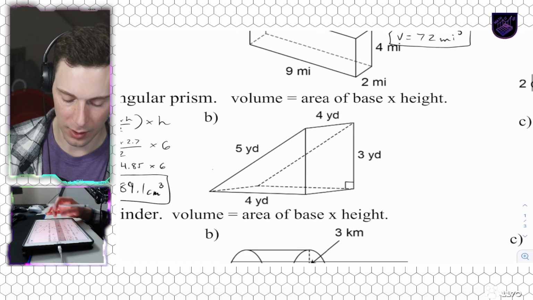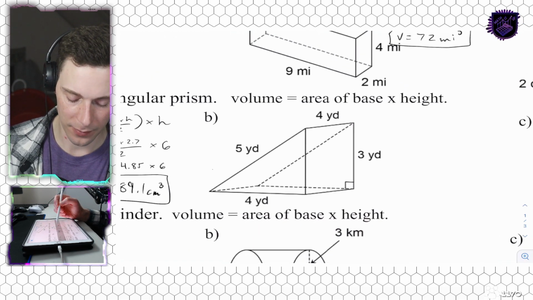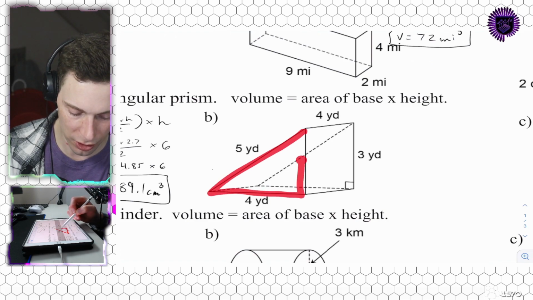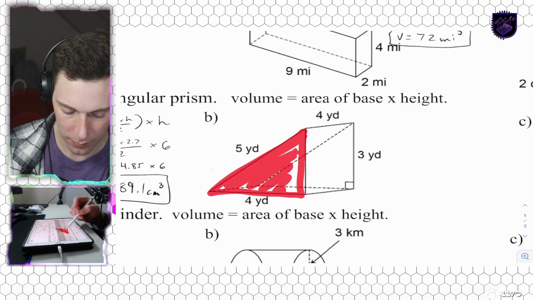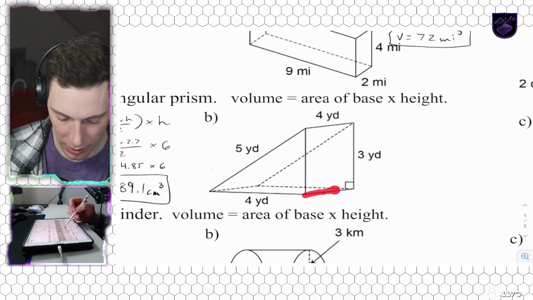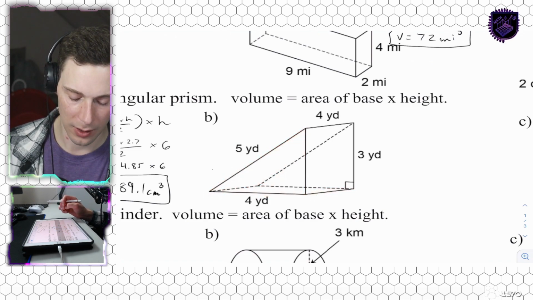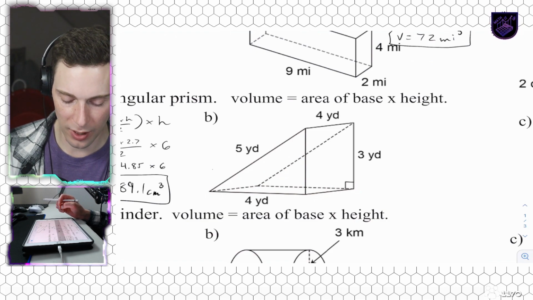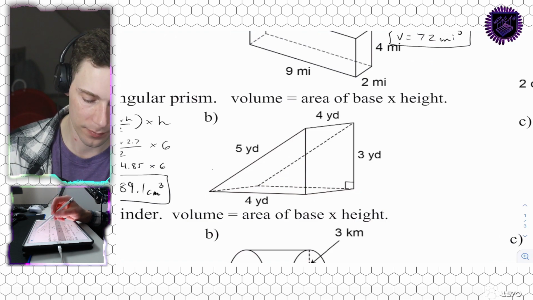All right. So the volume will be the area of the base, the area of this triangle, times the length of this prism. So the area is going to be 4 times 3 divided by 2, times 4.